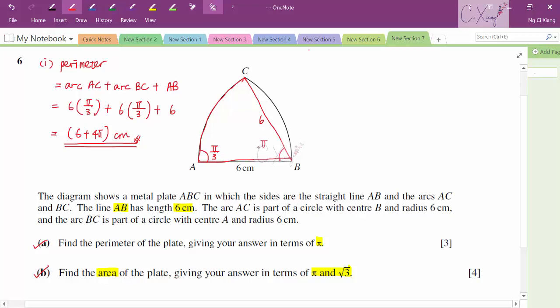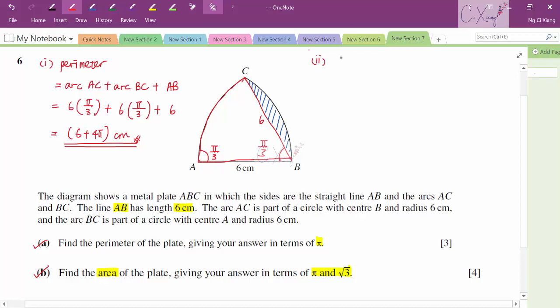This is the area of a sector, and I want to add the area of a segment. So this is the segment that I shaded in blue. Alright, so this is how I plan to find the area of the metal plate.